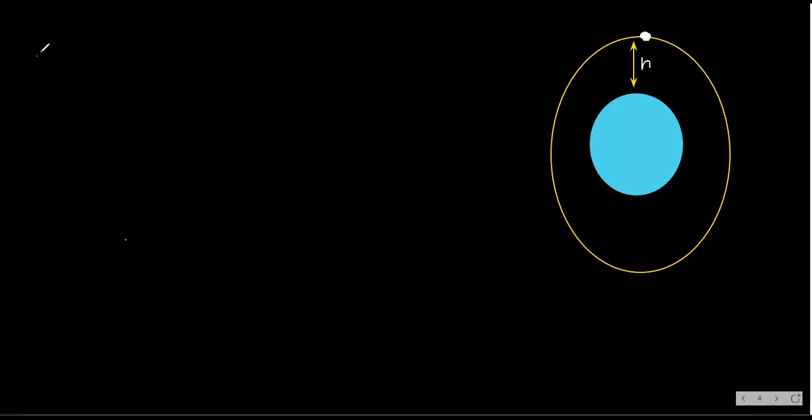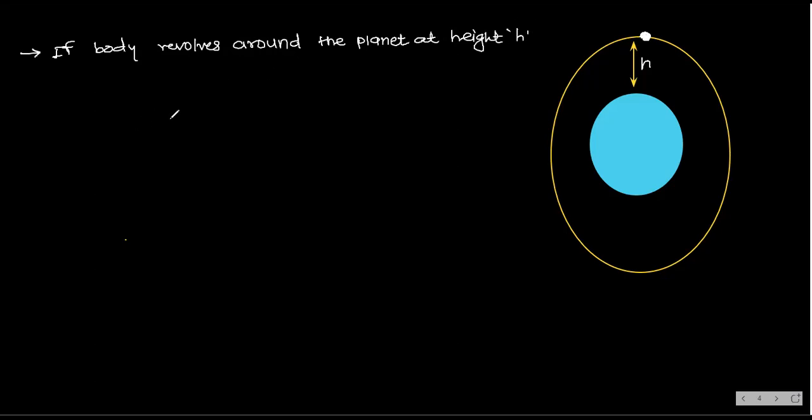So here I am writing, if a body revolves around the planet from one orbit into another orbit, if a body revolves around the planet at height h, then here what total energy will you get?